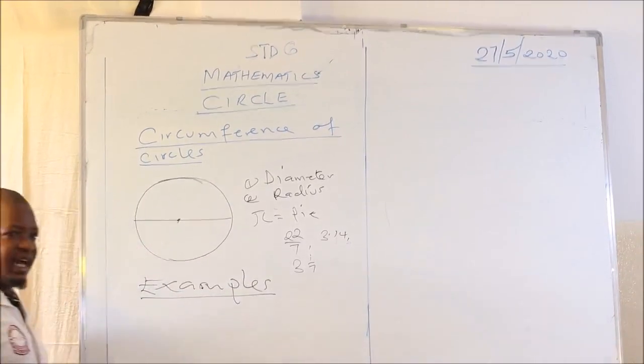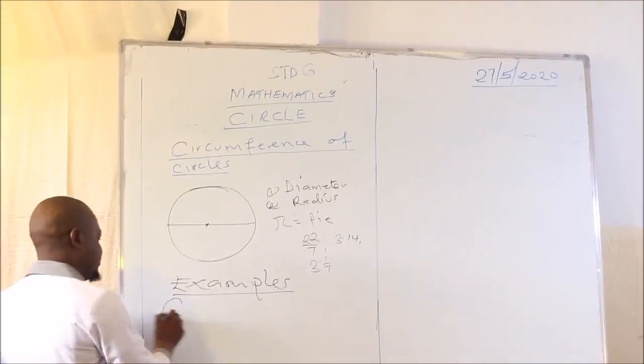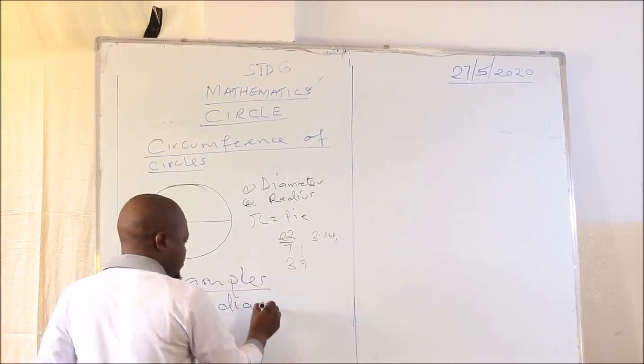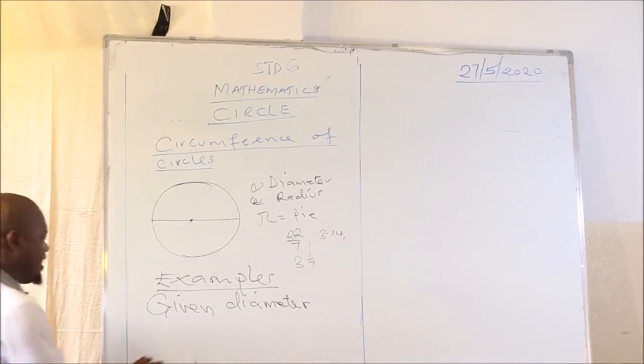In our examples here, we are going to find the circumference of a circle given the diameter.